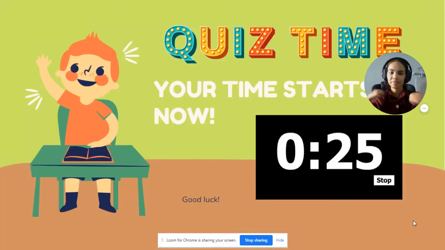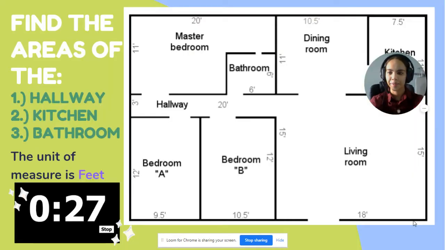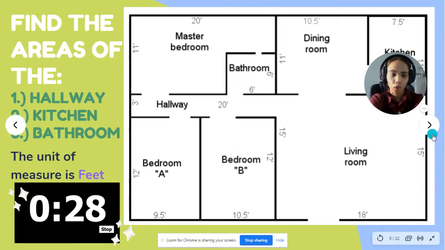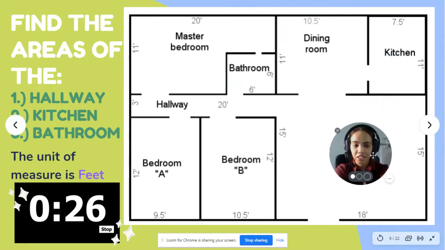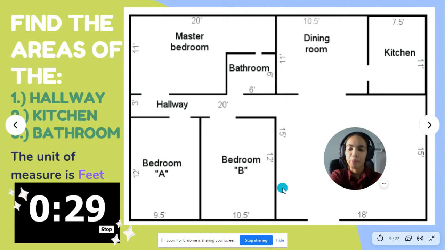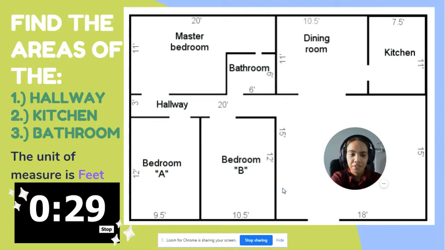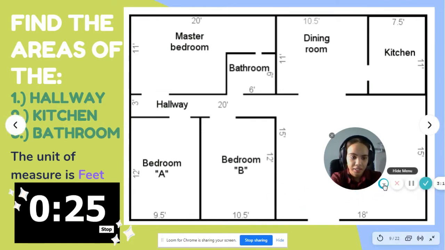Are you ready? Do you have a pen? Do you have a piece of paper? Here we go. Find the areas of the hallway, the kitchen, and the bathroom. The unit of measure is feet. You have 30 seconds. Just ignore this timer. It doesn't work properly.